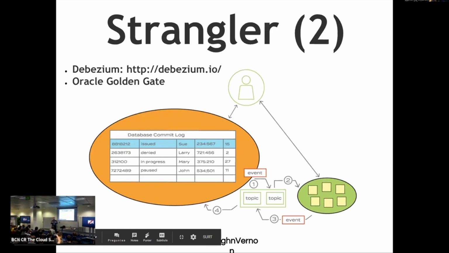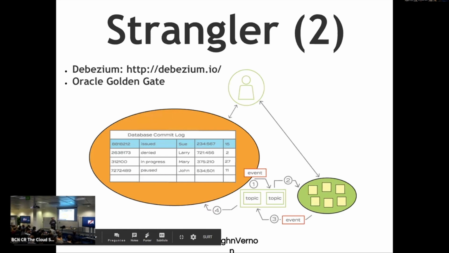The commit log tailer says we're going to see any new commits to the database, and as we see those new commits, we're going to create domain events, and we essentially accomplish the same thing that we were accomplishing with the triggers, but using a tool that helps us look at the database without trying to figure out where all the triggers should go.